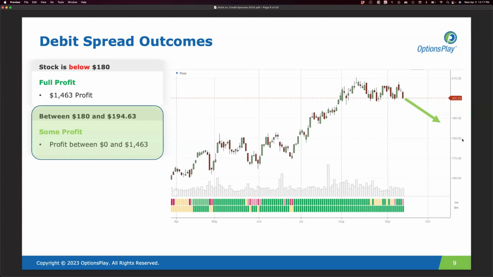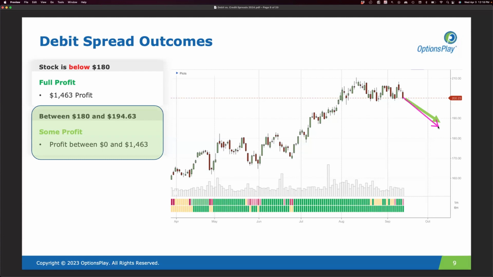So if the stock ends up somewhere between 180 and your break-even price of 194.63, you're going to profit, but you're not going to profit as much. You're going to profit somewhere between 0 and 1463, meaning if the stock drops to exactly 194.63, you're going to make $0 profit. If the stock drops somewhere in between, it's a linear scale.